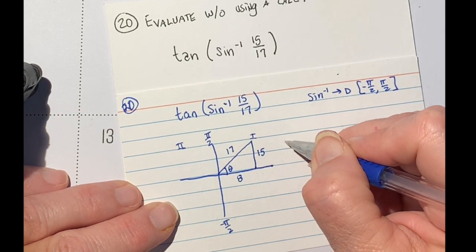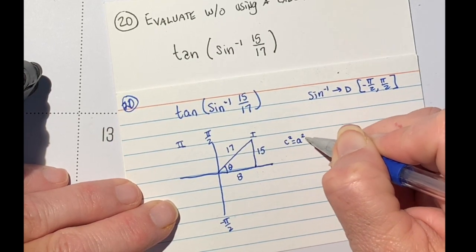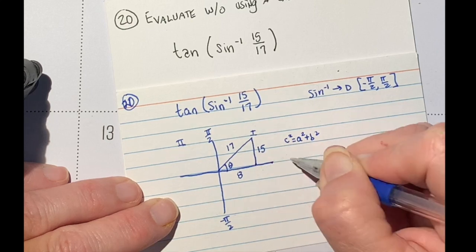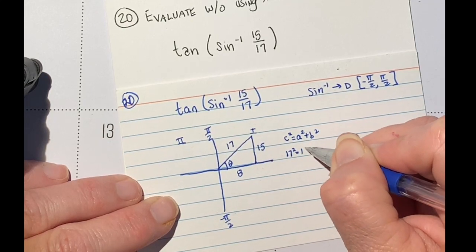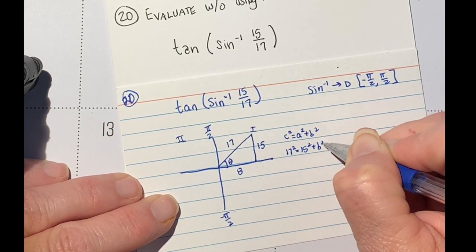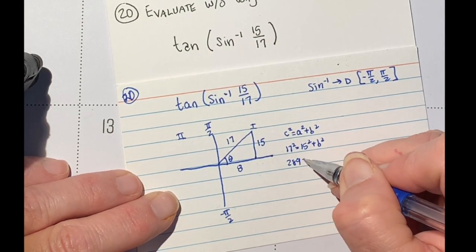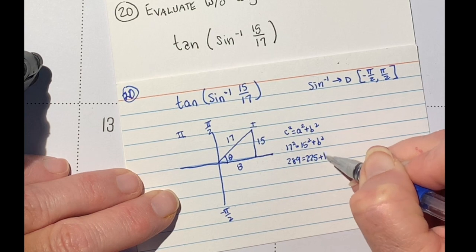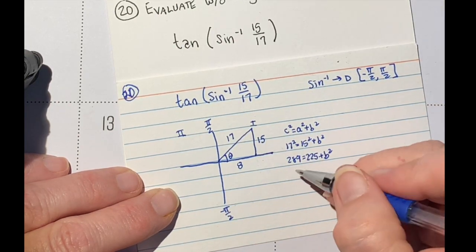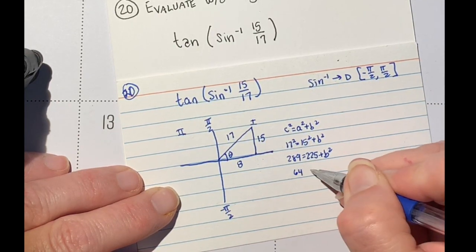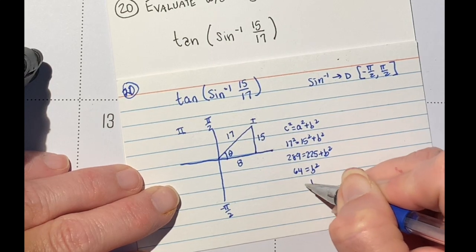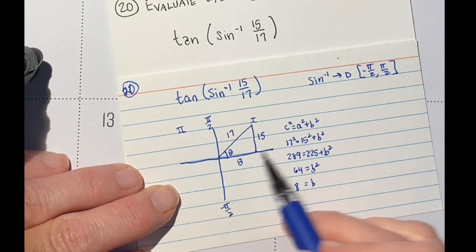You just do the Pythagorean theorem and solve for the missing side. So 17 squared equals 15 squared plus b squared. It just saves you time if you know some of those common triples. So this is 289, this is 225, and the difference when I subtract 225 is 64, and b is 8. So 8 for the side.